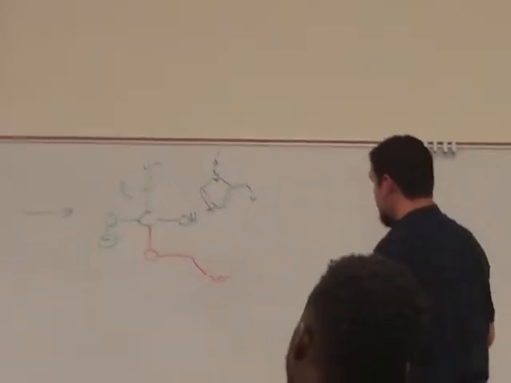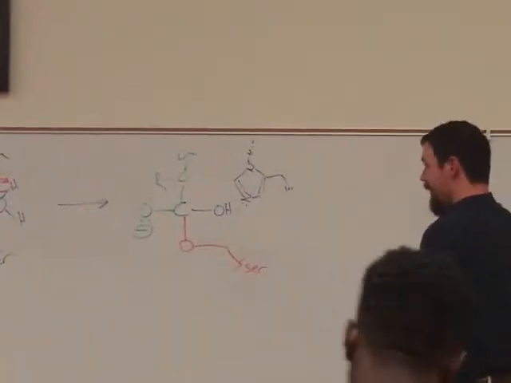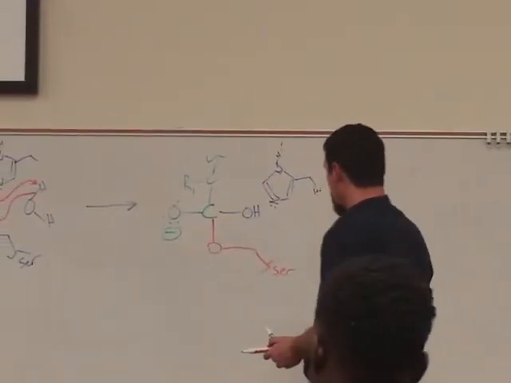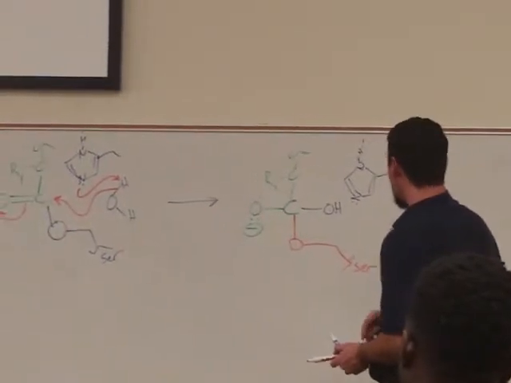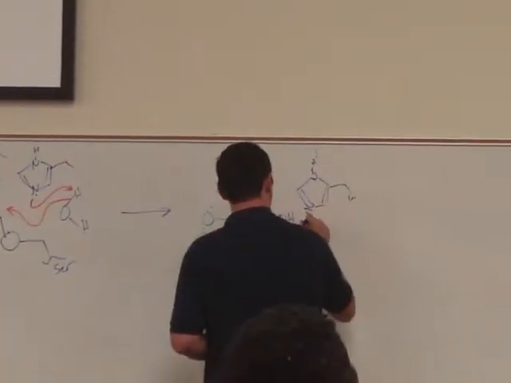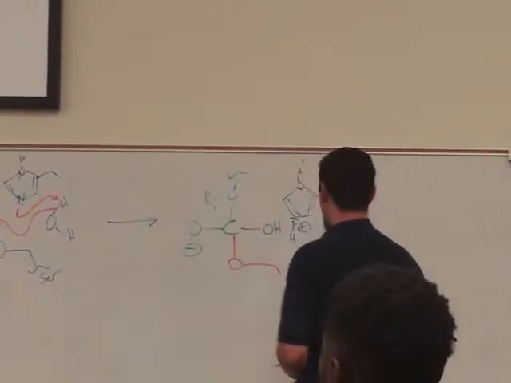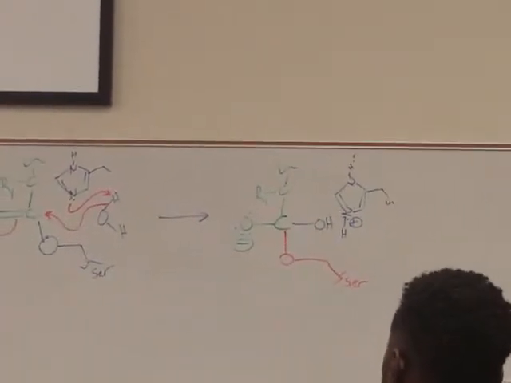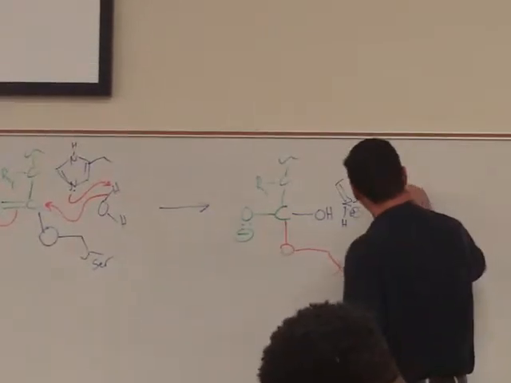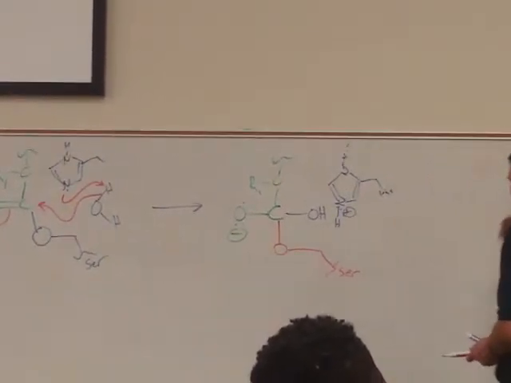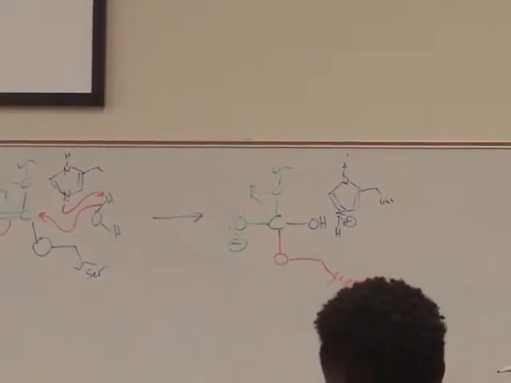Still interacting with the aspartate up there? Yeah. Oh, yes. I forgot my step here. There we go. Thank you. And so now we've done that, right? We'll regenerate the histidine here in just a bit. It'll have to back up.